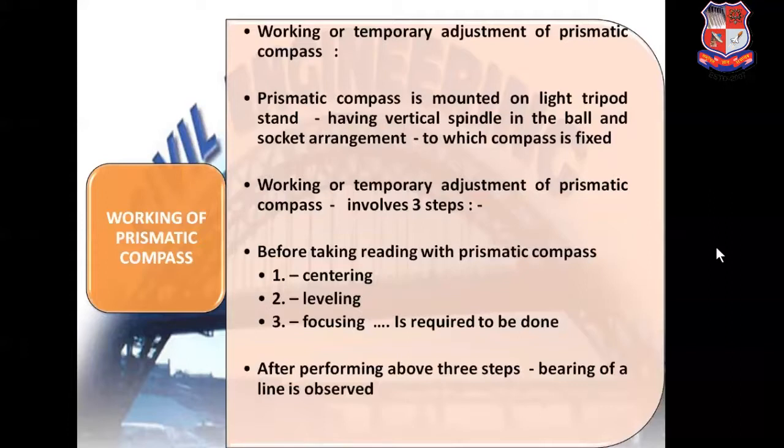One is centering, second is leveling, and third is focusing of the prismatic compass. After performing these three steps, the prismatic compass is ready to take the bearing of our survey line.